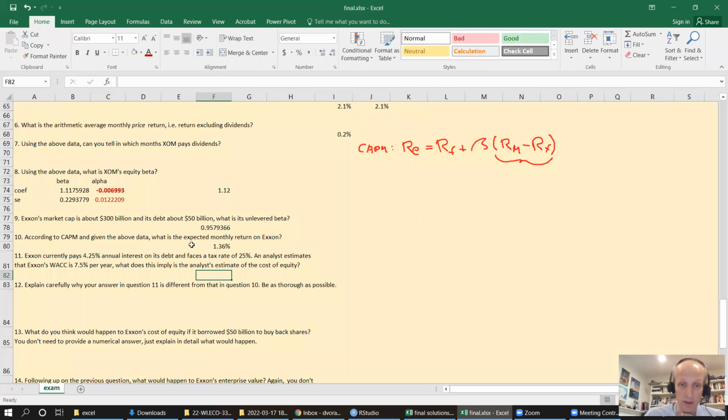We already have one cost of equity here that CAPM gave us, which is 1.36. Now here we're dealing with annual figures, and a somewhat different approach, a somewhat different angle. So let's see what the analyst is thinking for the cost of equity.